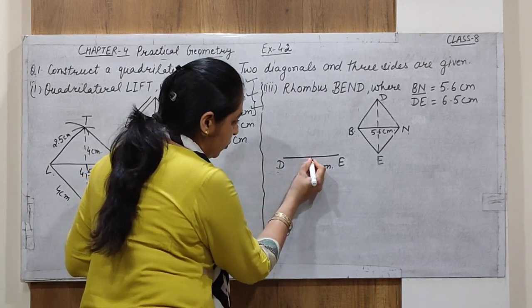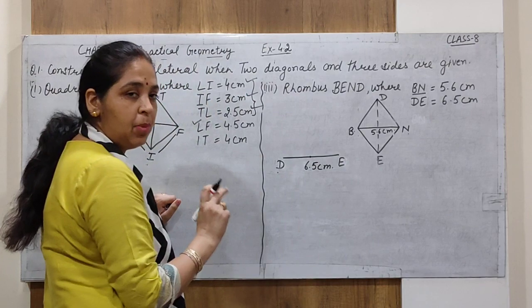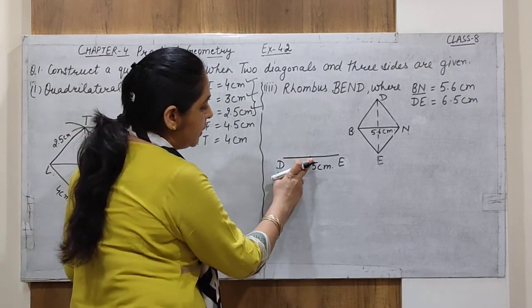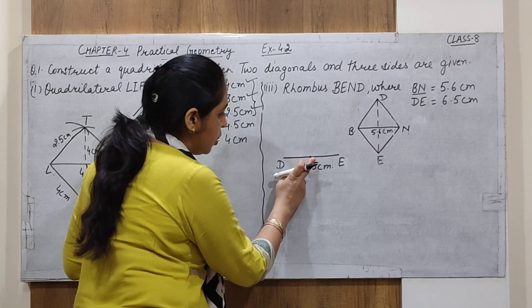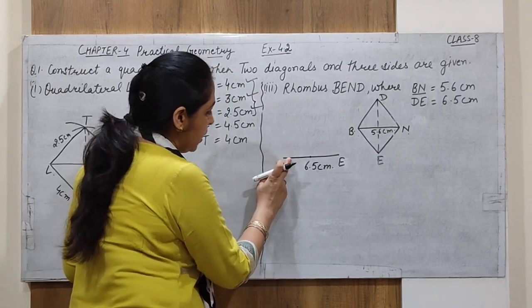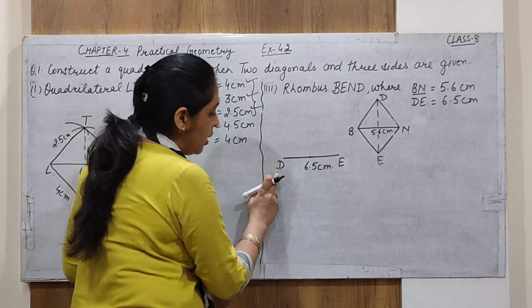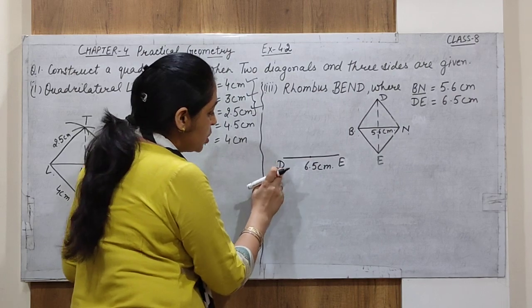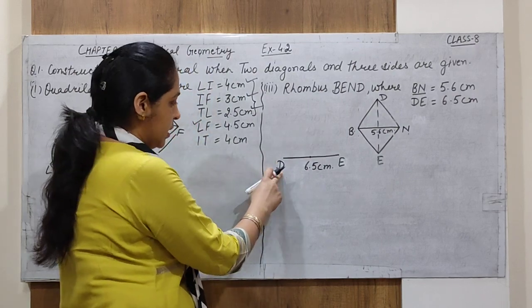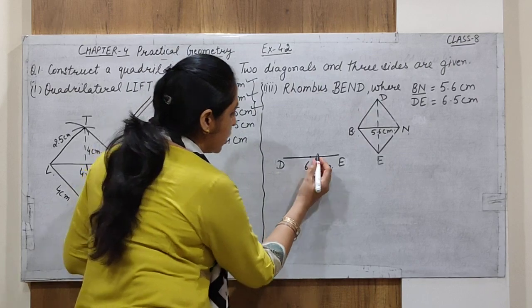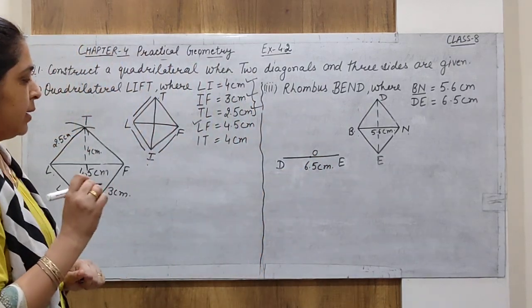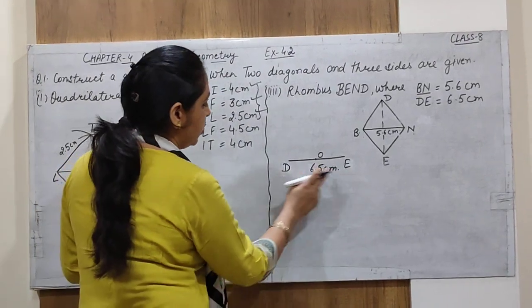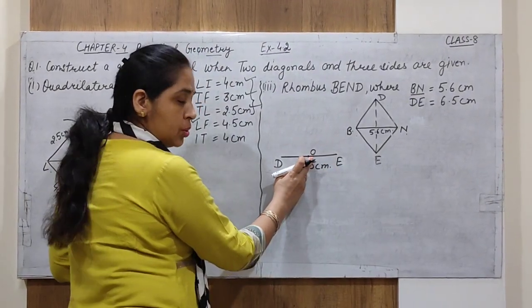With the help of the scale, you can mark the middle point of this line. Let us name the middle point of DE as O.